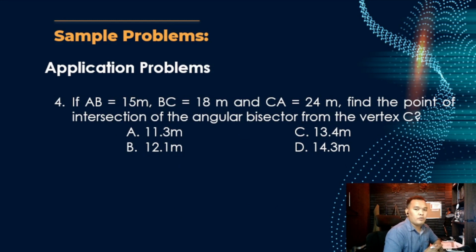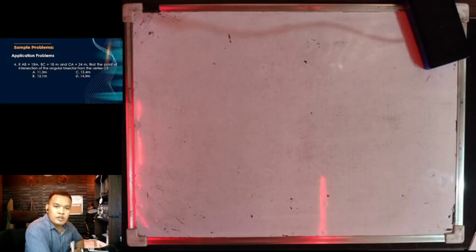Problem number 4. If AB is equivalent kay 15 meters and BC is equivalent kay 18 meters and CA is equivalent kay 24 meters, find the point of intersection of the angular bisector from the vertex C. So let's draw first the triangle.